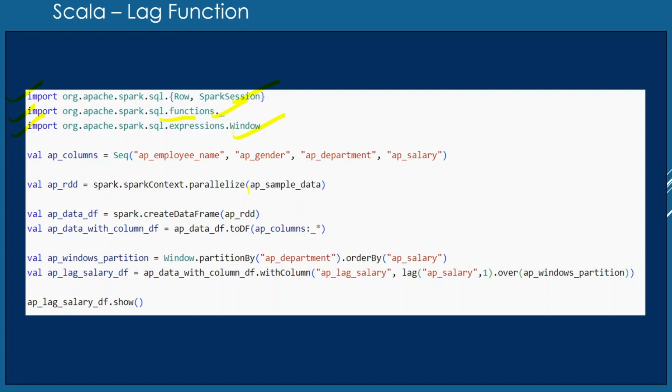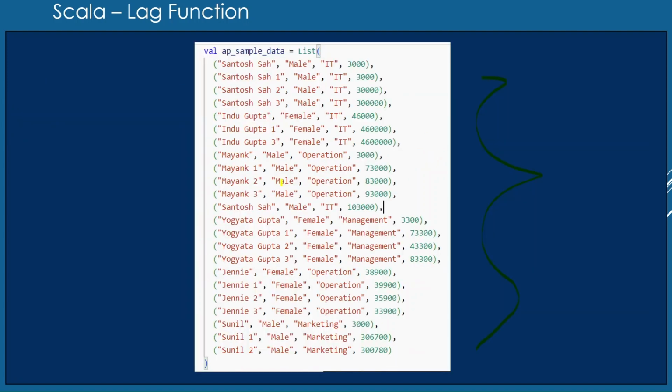Once all the required libraries are imported, I am creating a variable, AP columns, with the help of a sequence. This is a sequence variable, and I have provided four names. These are nothing but the schema which we are going to use when we create the data frame based on the sample data which I have shown from this list variable.